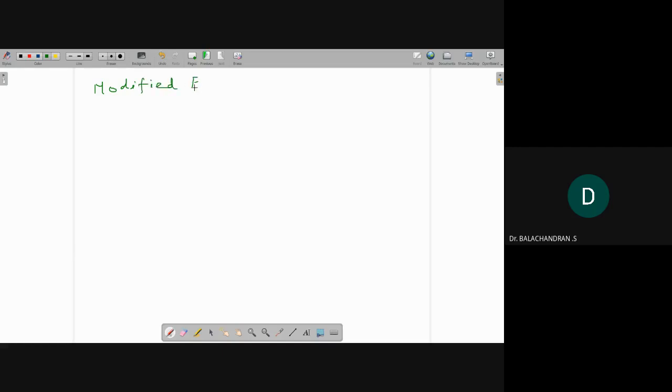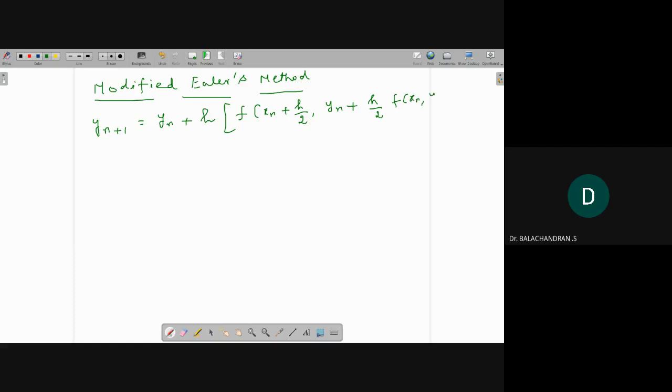Modified Euler's method: yn plus 1 is equal to yn plus h into f of xn plus h by 2 comma yn plus h by 2 into f of xn comma yn.